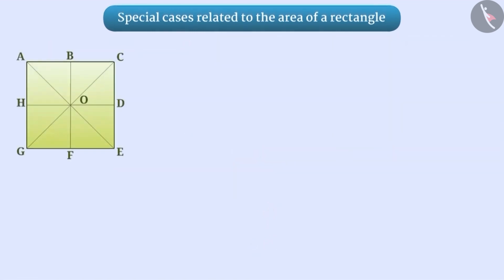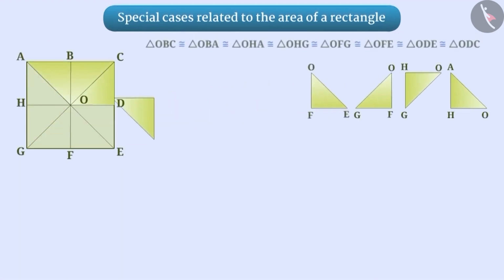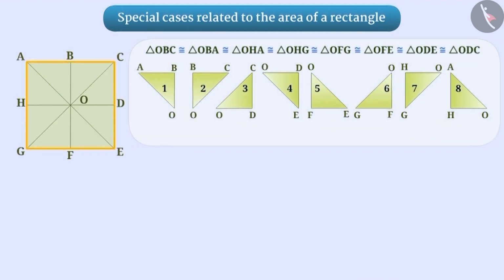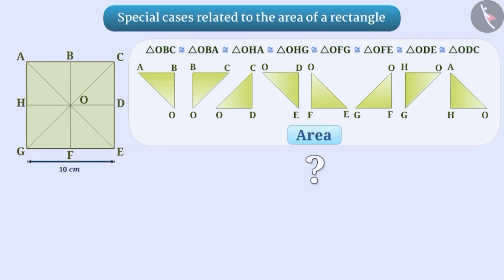Now look at the square given here. In this, the square ACEG is divided into 8 congruent parts. If the length of the side of the square is 10 cm, what will be the area of each part?